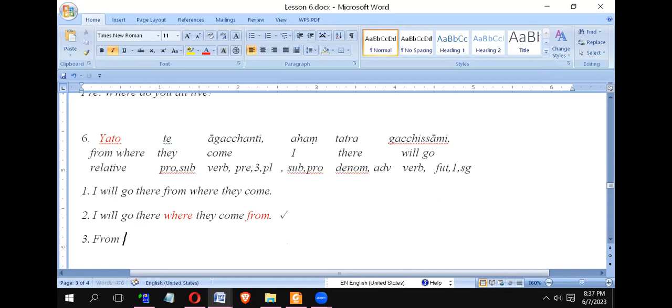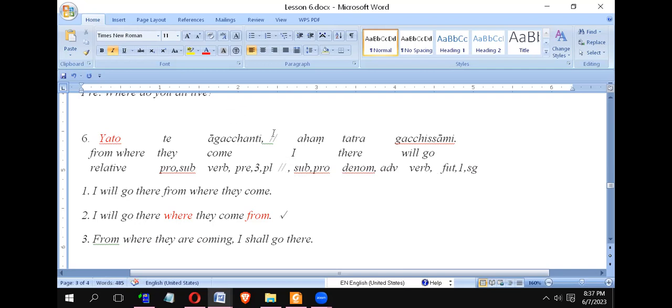Actually, you want to follow the Pali, the yato, you want to translate. We have the first clause and then the second clause. So you prefer to translate this part first, Yato te agachanti.